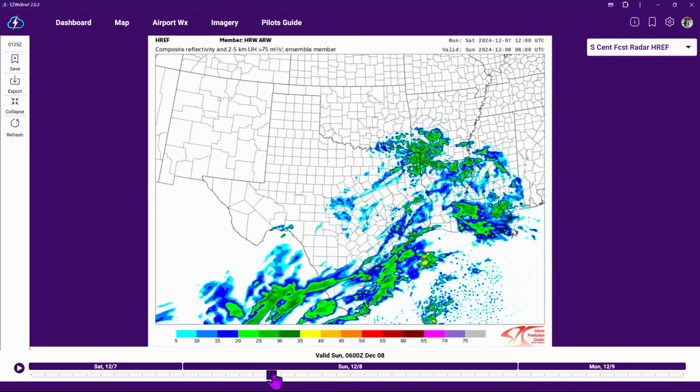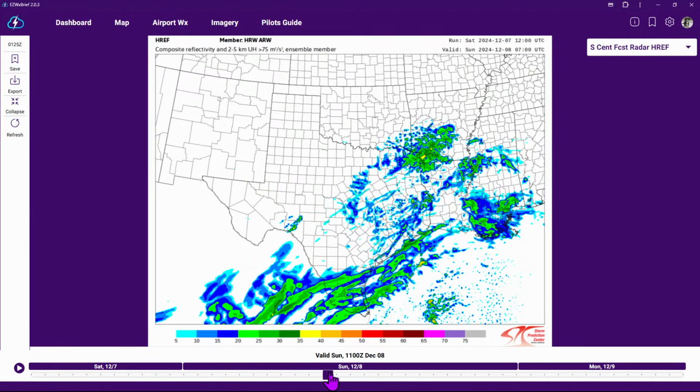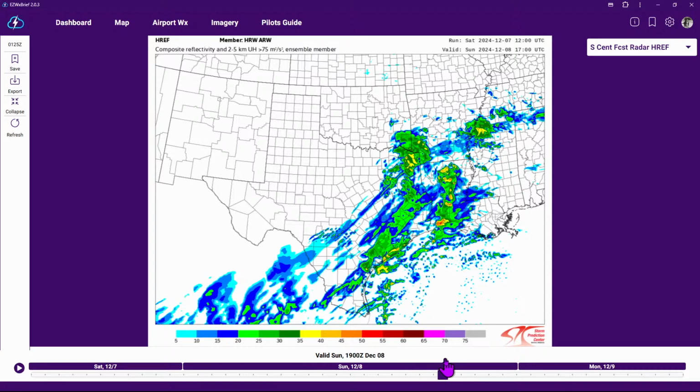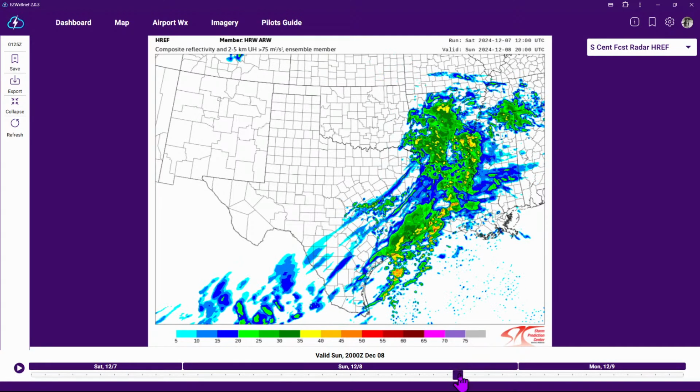And what we'll see here is, again, something very similar to what we were seeing on the map for the high-resolution rapid refresh model. You can see by the time we get to 20Z or so, Little Rock is in the center here, and our trip is from this direction up through here.